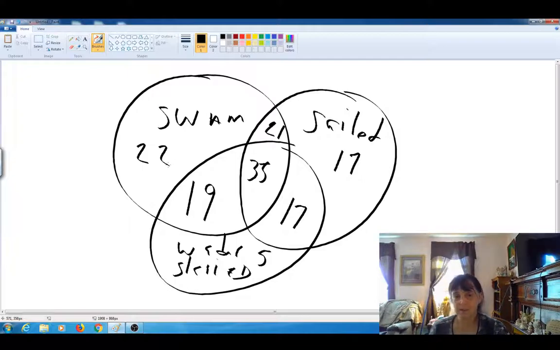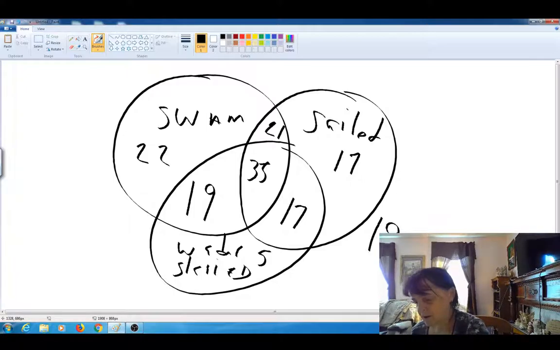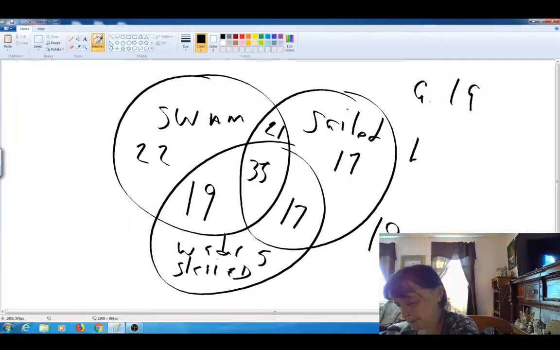And 155 residents. So if you add all those up, you get 22 plus 21 plus 17 plus 17 plus 35 plus 19 plus 5 is 136. 155 minus 136 is 19. Okay, so how many did none? None of the activities is 19.